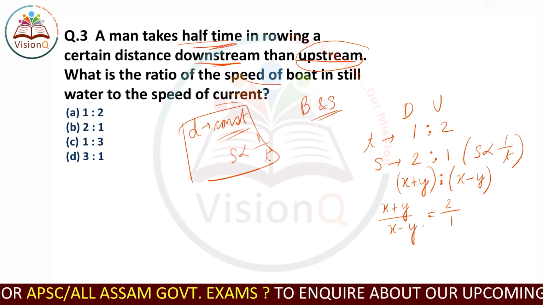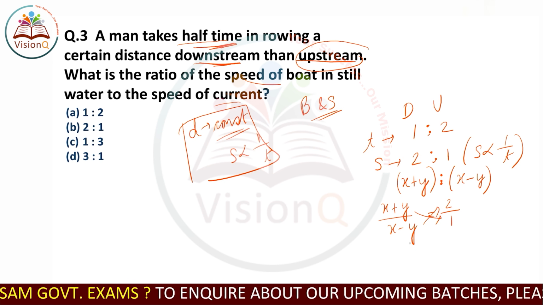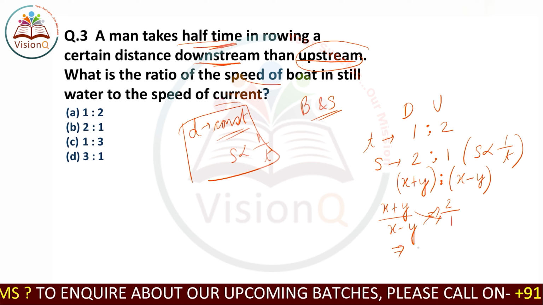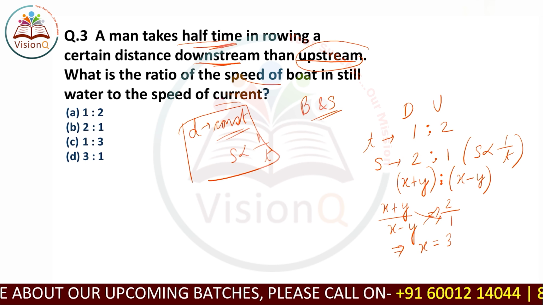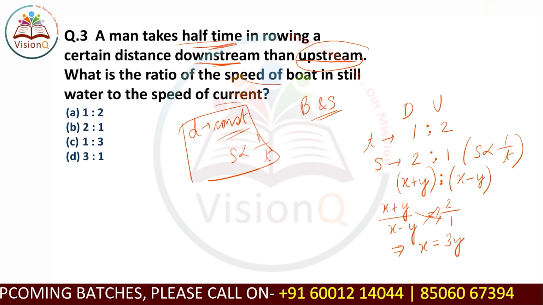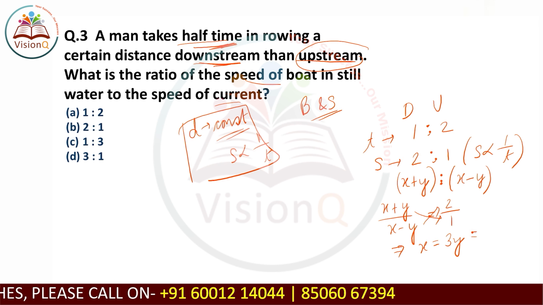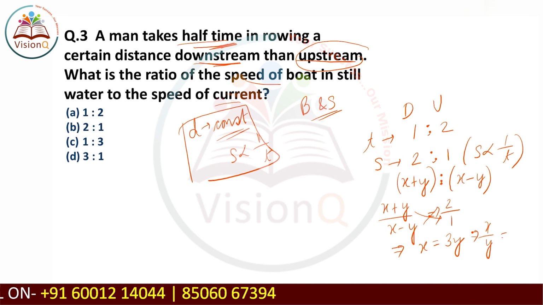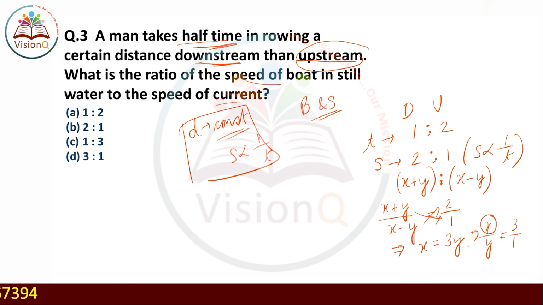And from this, if you cross multiply, you will get x equal to thrice y. So from this you will get a ratio of x is to y, which will be 3:1.